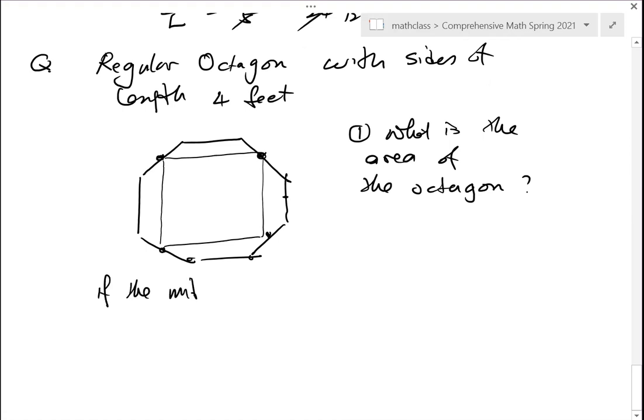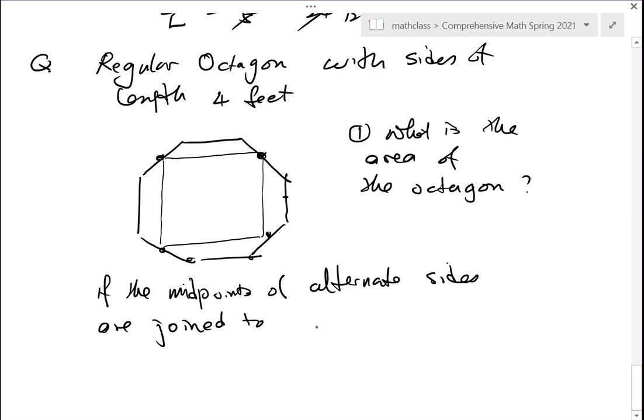If the middle points of alternate sides are joined to form a quadrilateral, what is the area of the quadrilateral?